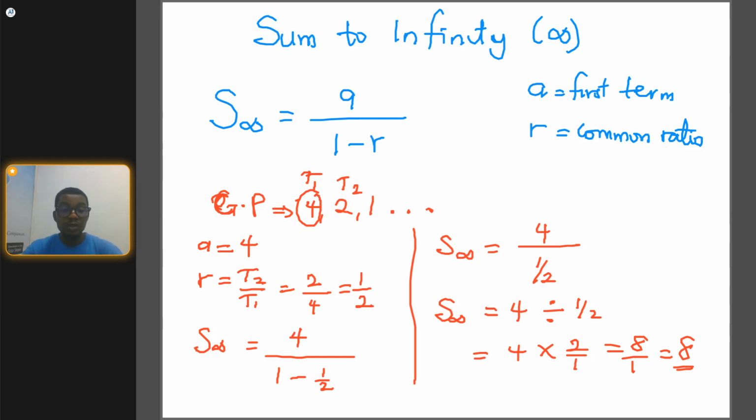So this is how we also solve for sum to infinity. From this class, we have been able to explain the concept of geometric progression, and we went ahead to explain the formulas: the nth term of a GP, the sum of a GP, and the sum to infinity of a GP.